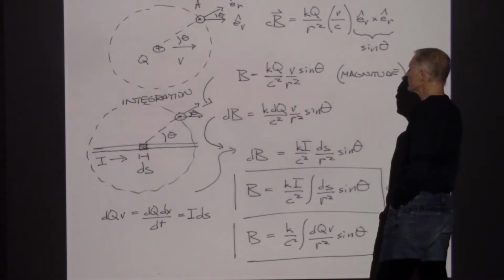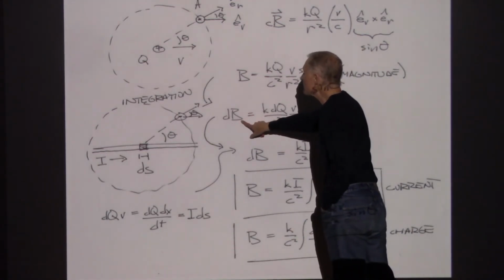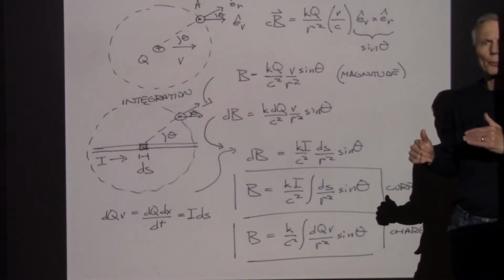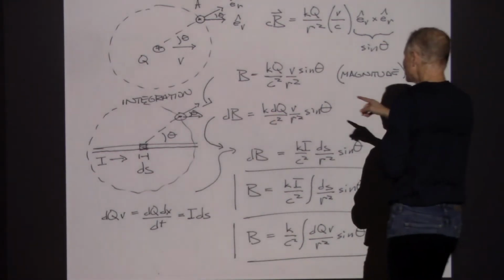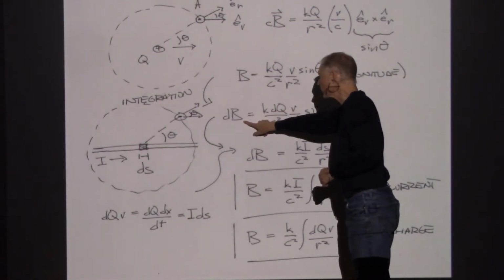What we're first of all going to say is a little bit of charge generates a little bit of magnetic field. Now that's what we said with the electric field integrations too. A little bit of charge creates a little bit of electric field. This time a little bit of charge moving creates a magnetic field.